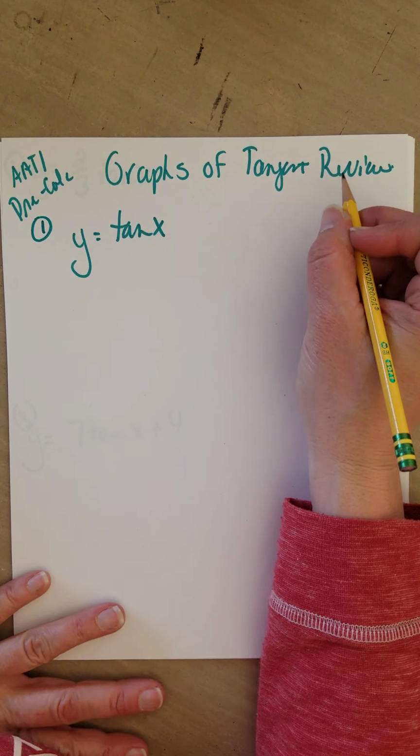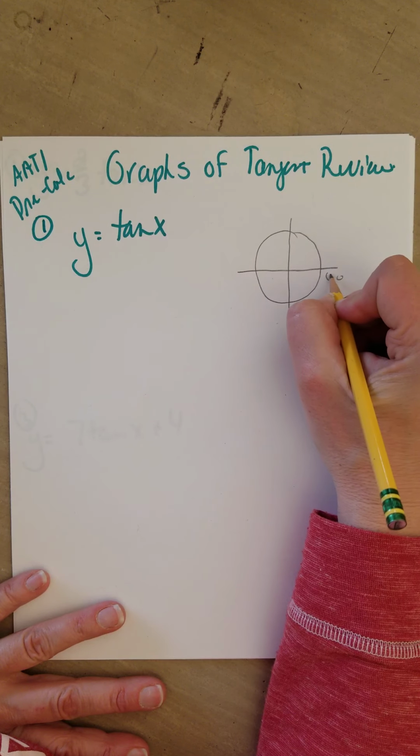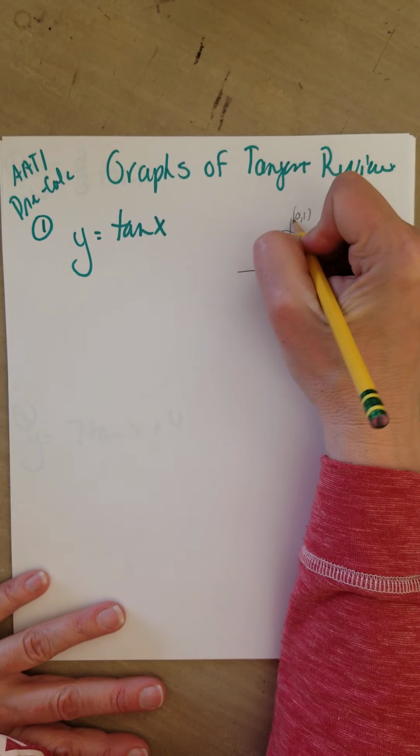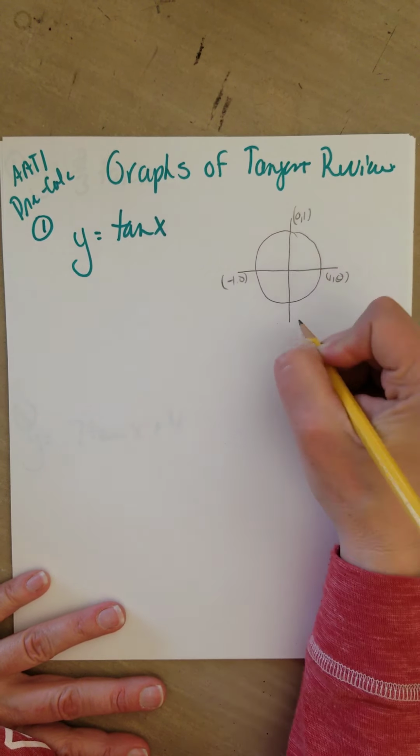But what we did is that we took this unit circle, and we took the quadrantal angles, which were at 1, 0, 0, 1, negative 1, 0, and then 0, negative 1. And we made this table of x's and y's. Now, for the tangent, we also need these points as well, so I'm going to leave points for that. We're at 0.